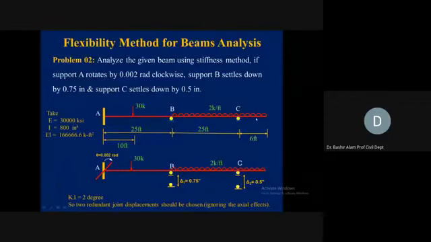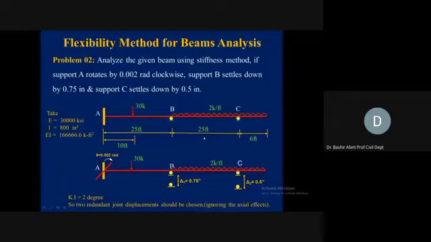Now we will discuss how to reduce further. If we take away this portion and put its equivalent effects here at joint C, we can reduce this to a 2 degree indeterminate problem, because then we don't need to find the translation and the rotation at D, as we already take its effect at joint C. So it will become a 2 degree indeterminate problem, which will be the rotation at B and the rotation at C, the way we did in problem 1, and then we can follow the same steps.